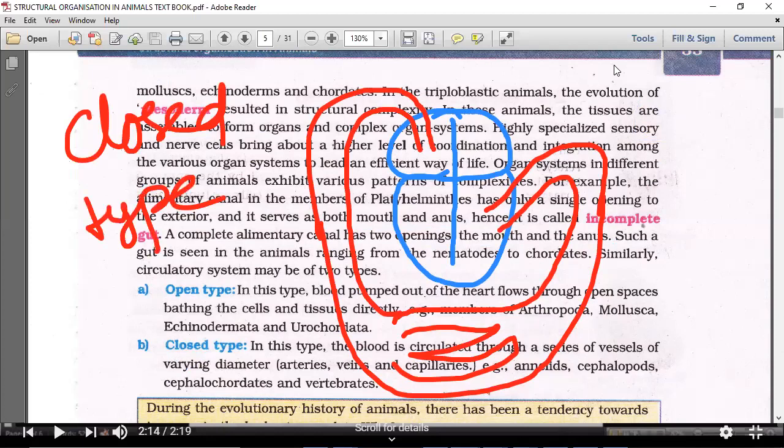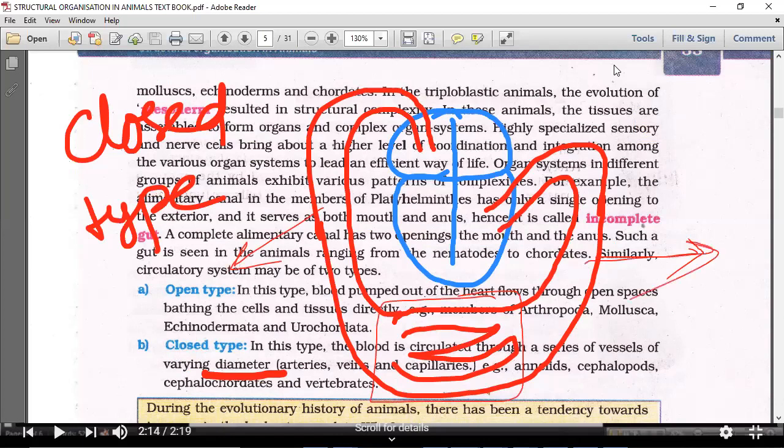In this type, the blood is circulated through a series of vessels of varying diameter. In terms of diameter, this is called artery, and these are veins, and in between we find capillaries.